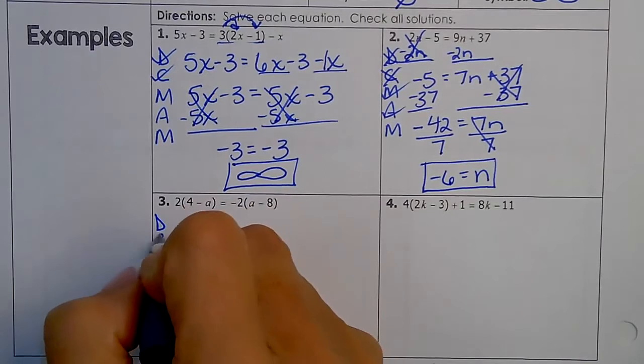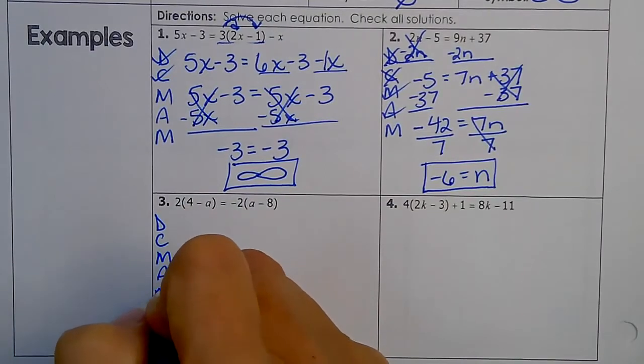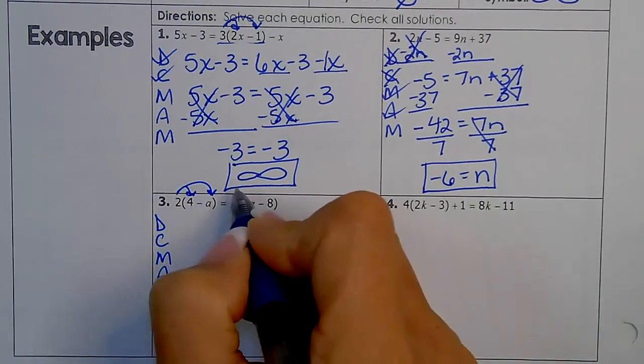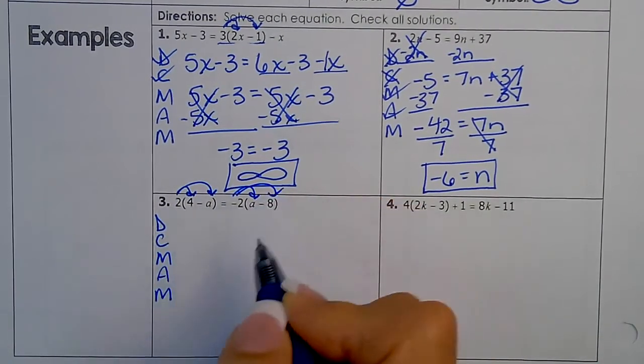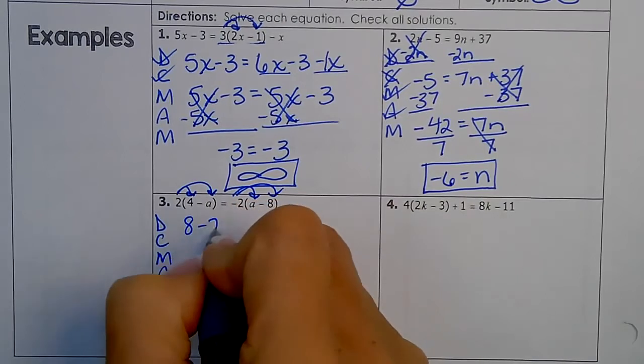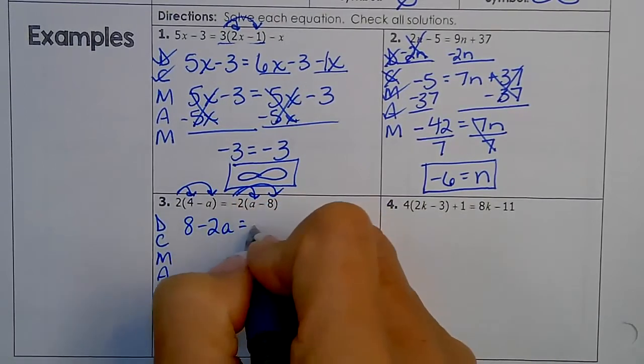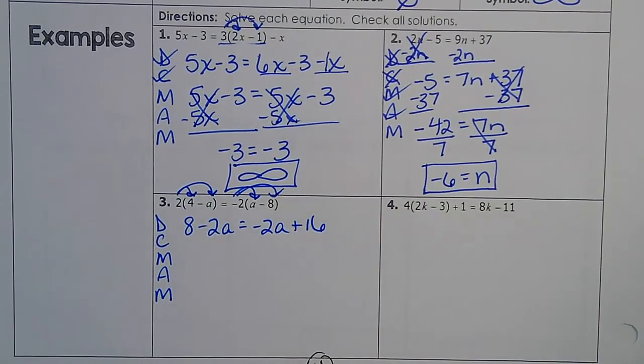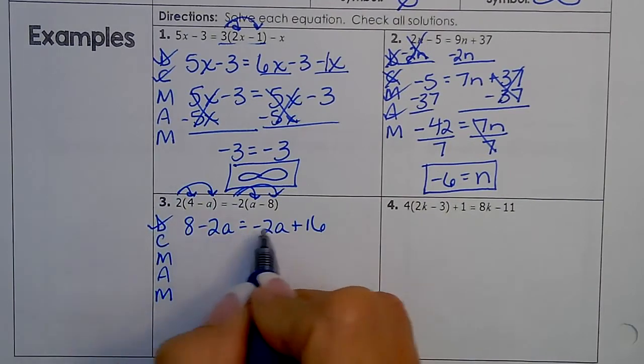Number 3. Distribute. Distribute here as well. 8 minus 2a equals -2a plus 16. Okay, combine?